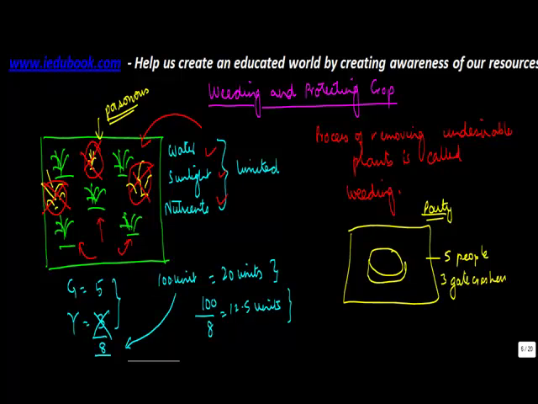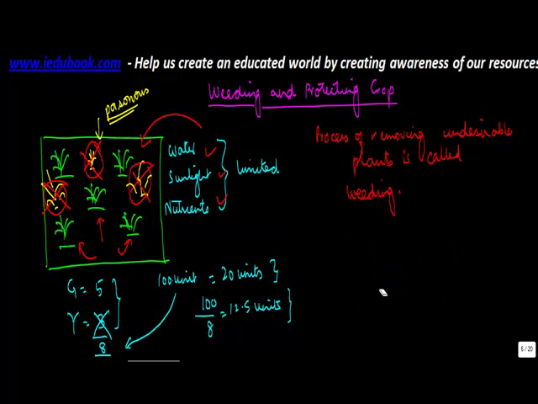So what happened? You had to share it with them, but at the end of the party you went half hungry. That's the same thing which is there with these weeds and the plants. So therefore removal of these gate crashers is very important, right? And that process is known as weeding.